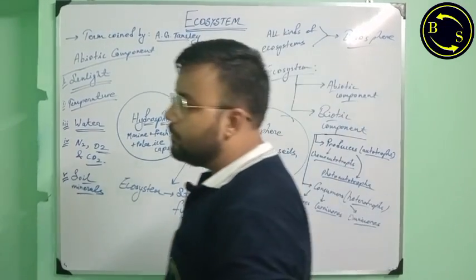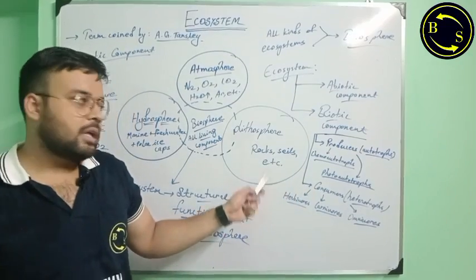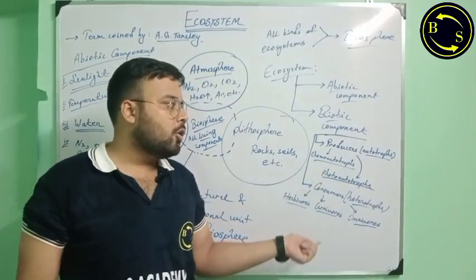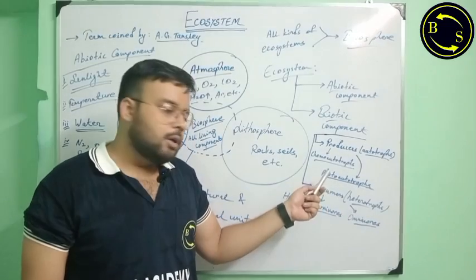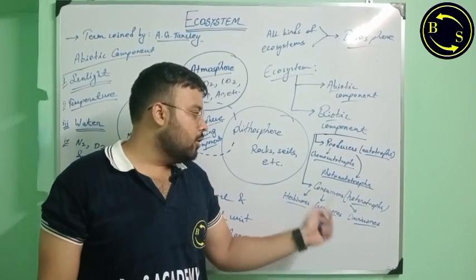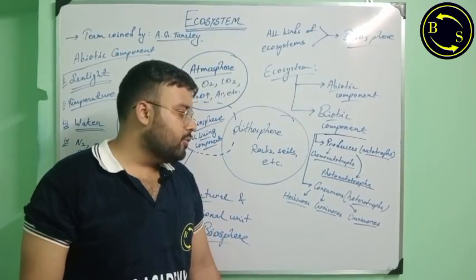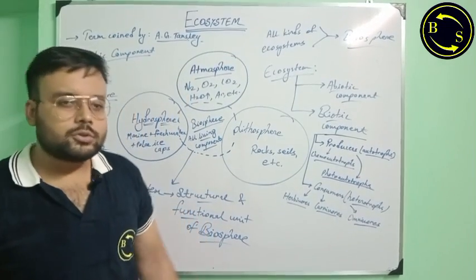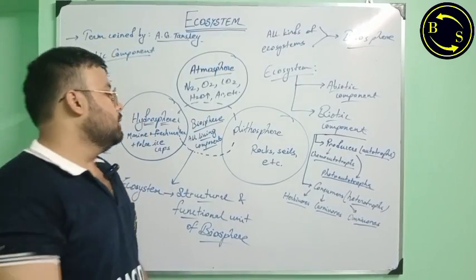For example, herbivores consume the producers, so they are dependent on the green plants. Mainly herbivores consume the photoautotrophs, so they are dependent on them for their survival. Carnivores feed on the herbivores, and omnivores can feed on both herbivores and carnivores if necessary.